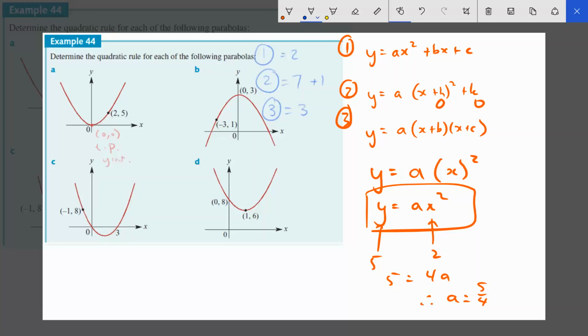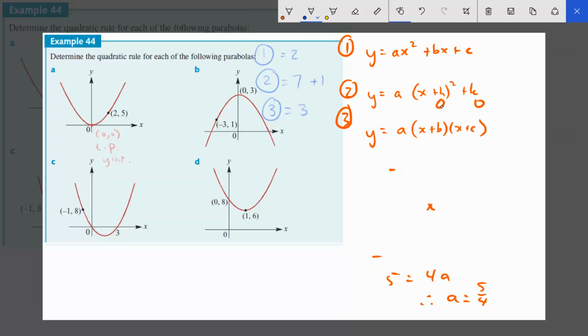Because you don't have 3 pieces of information, you can't use number 1. You can't use number 3 because, yes, there are 2 x-intercepts, but what are those 2 x-intercepts? They didn't tell me. The only thing they did tell me is the turning point is at (0, 3). Because I know it's at (0, 3), it's so much easier solving for part B by simply doing this.